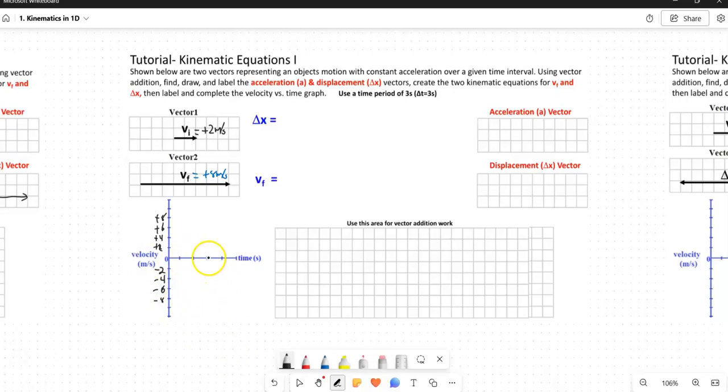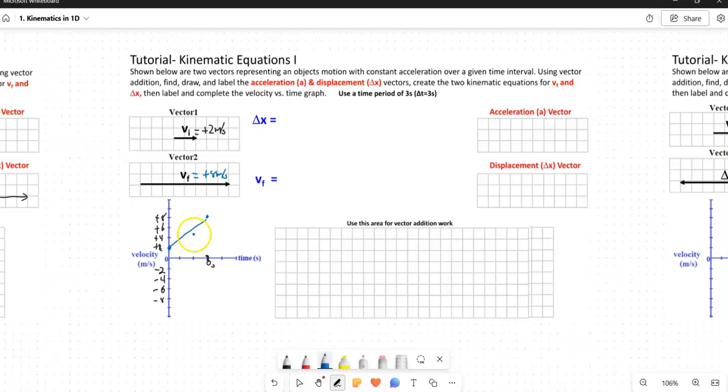And this is over the period of 3 seconds. 1, 2, 3. So let's put a 3 second right here. So it starts at a +2 meters per second. And it ends at a +8 meters per second. So this graph is going to be pretty easy to do. Okay.